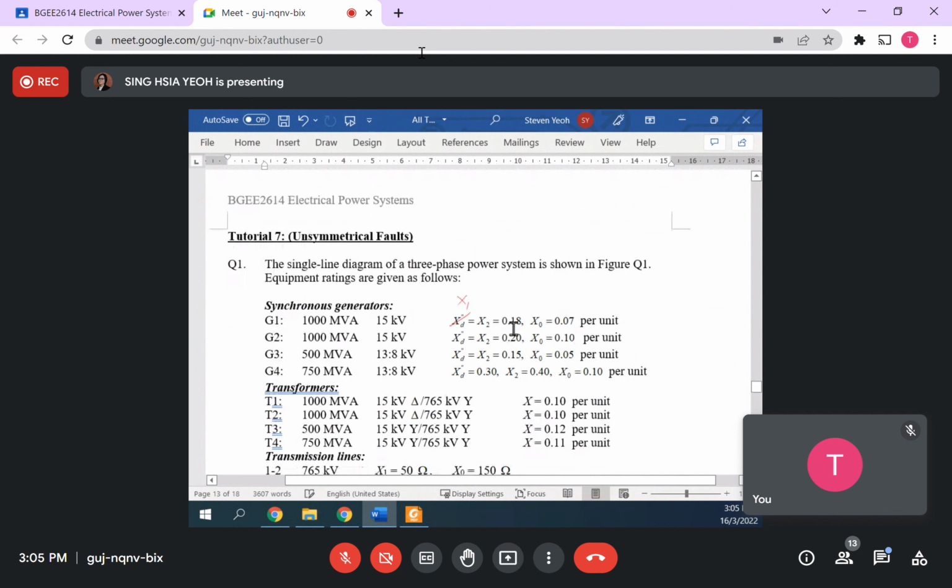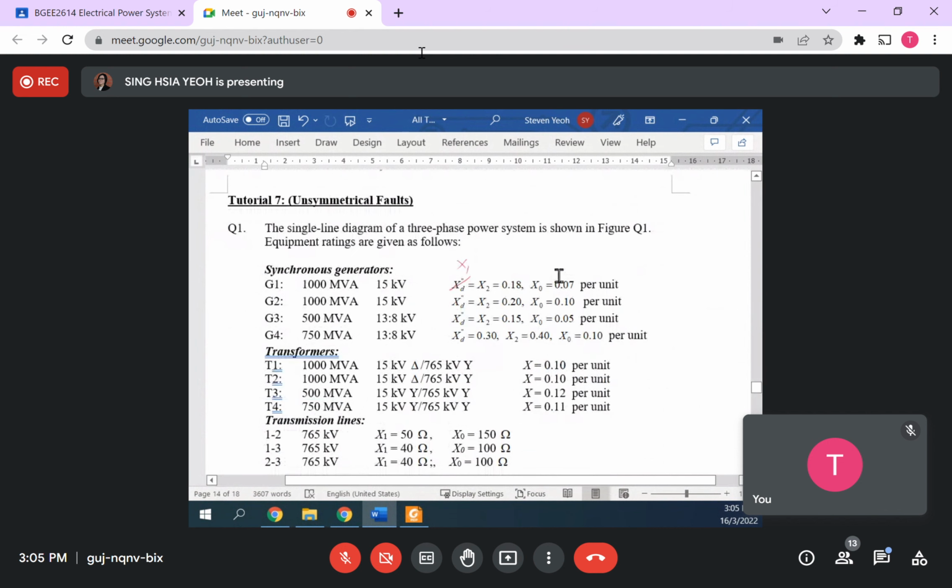So they would give you X1, X2, and X0 values. It's actually the same thing. What you need to do is find out the positive sequence. You need to find out 3 sets of positive sequence, XG1, XG2, XG3, and then negative sequence, and then zero sequence.